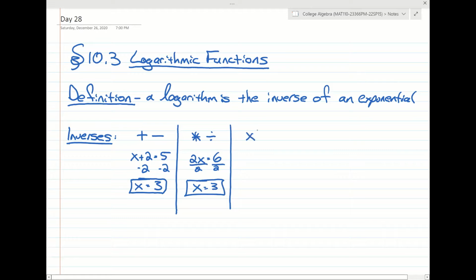When you square something and take the square root, those are also inverses. If I told you the square root of x is equal to 2, you would square both sides and tell me x is equal to 4.